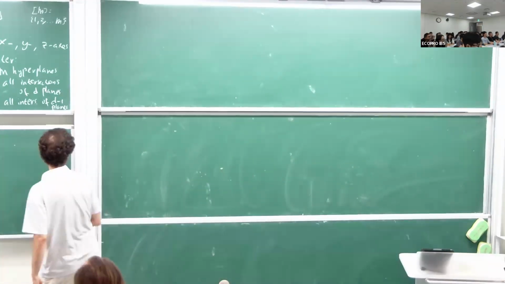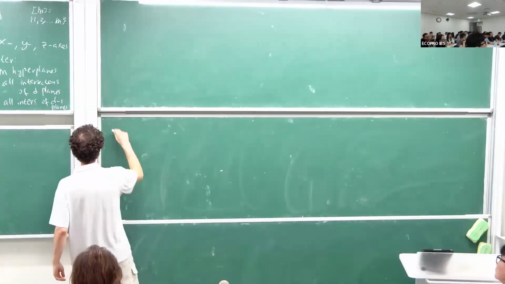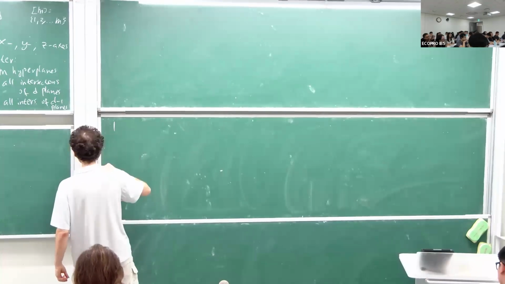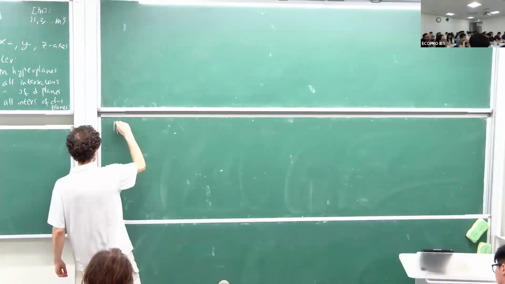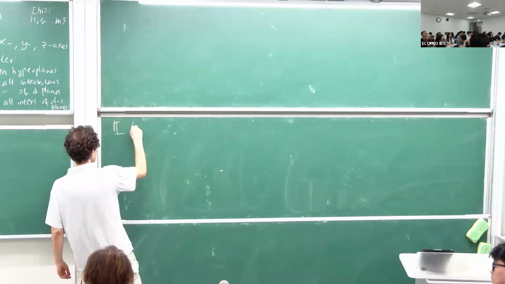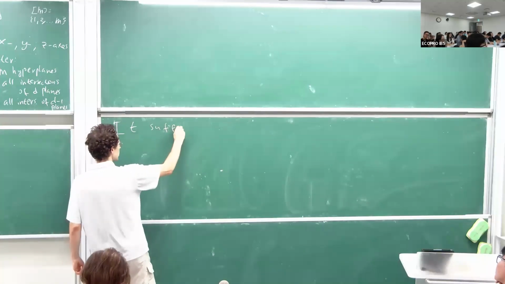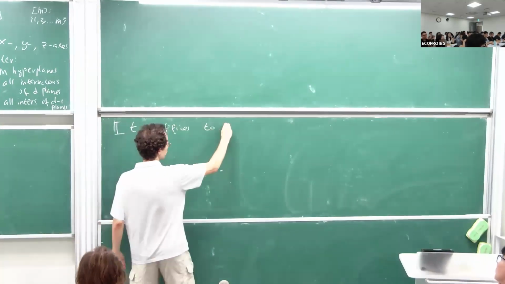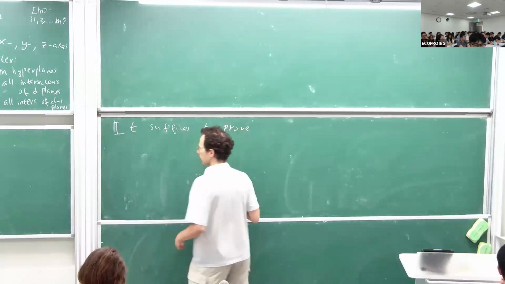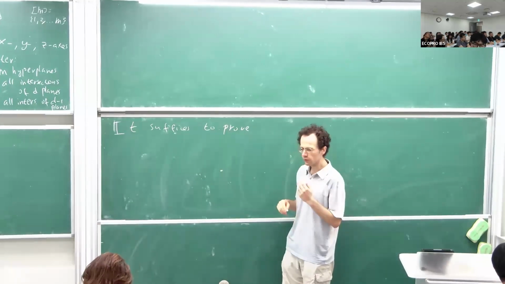What we will do: we know that it suffices to find a line which contains few joints.